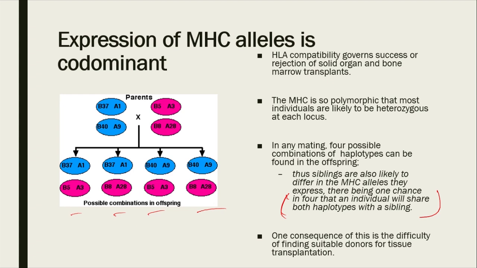So here, this one and this one are not sharing. About 1/4 share both, half share one haplotype, and 1/4 share none. A similar concept to what we mentioned in the last topic.